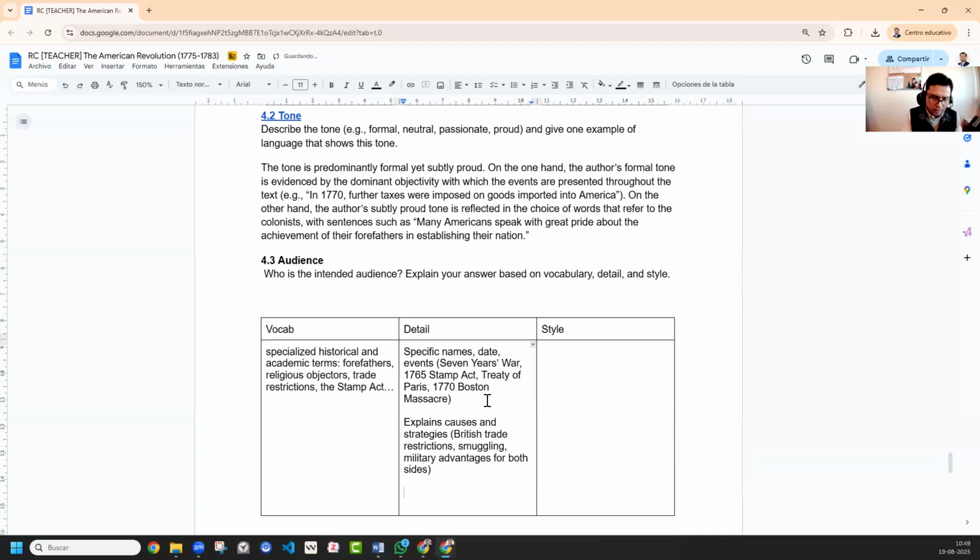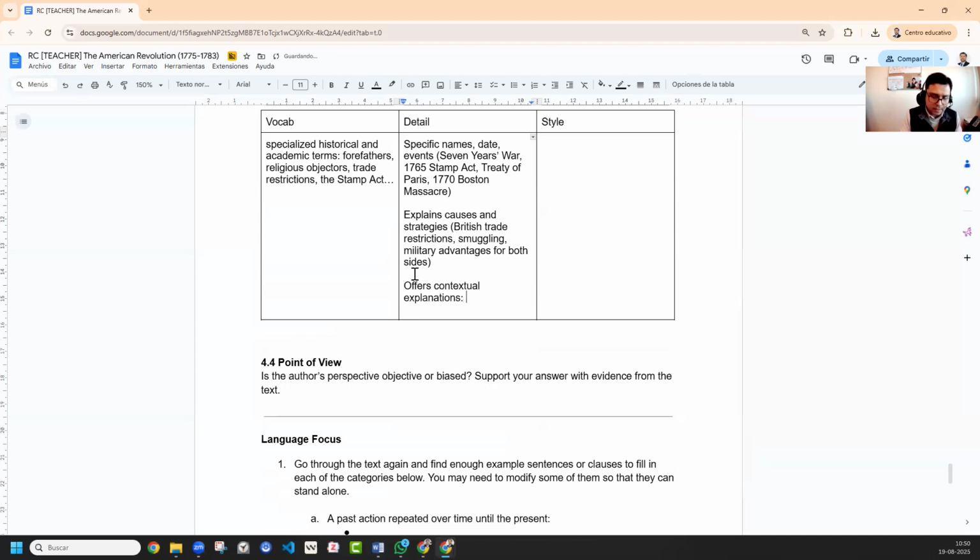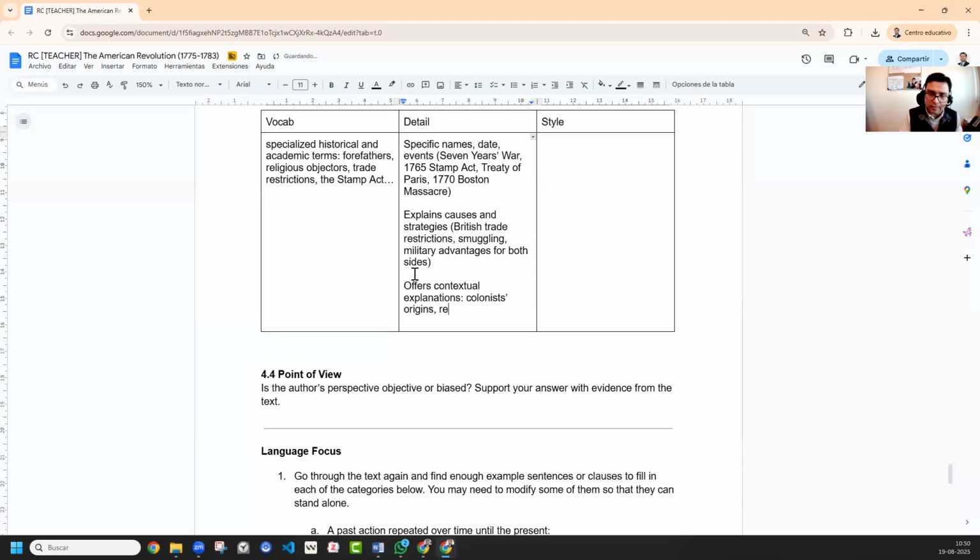It also offers contextual explanation. For example, the colonists' origins, the reasons for smuggling.